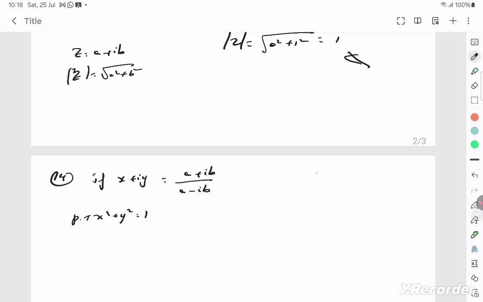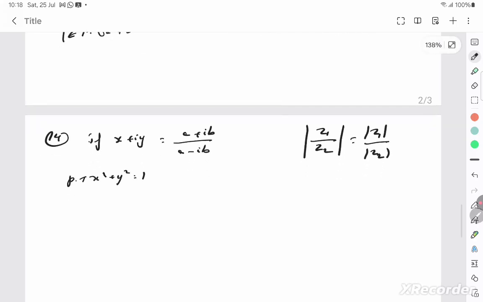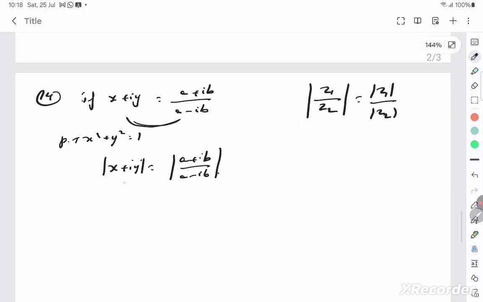The property is that the magnitude of z1 by z2 is magnitude of z1 by magnitude of z2. So you're going to apply modulus on both sides. Modulus of x plus iy is equal to modulus of a plus ib by a minus ib, the whole modulus. And you know the magnitude of this is root of x square plus y square.